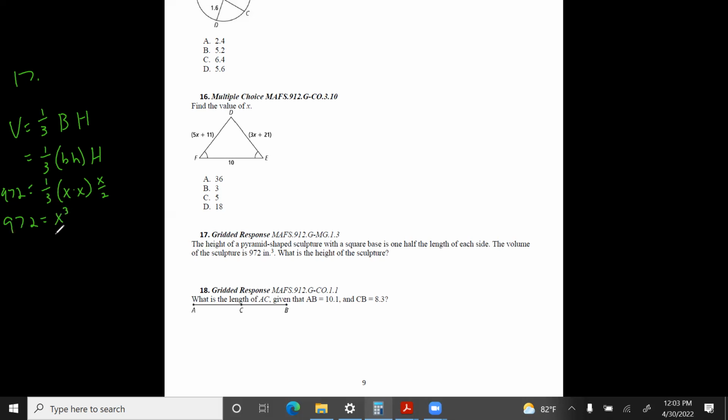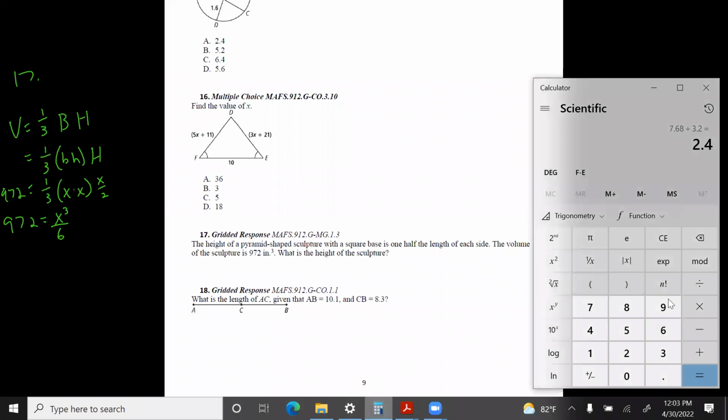The 3 and the 2 are on bottom, so when we multiply those, they stay on bottom, and that's going to give us 6. We need to get the 6 over to the other side by multiplying. So we're going to multiply that to the other side. So we have 972 times 6, which equals 5,832.